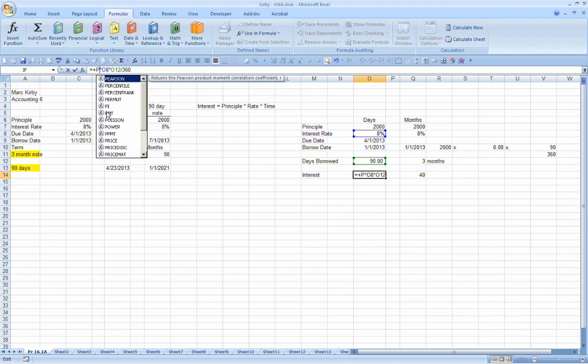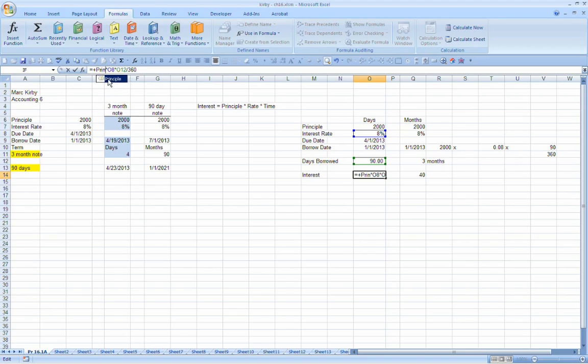I type in P. Here's all these. Notice the FX in front. Those are all functions. R. If I type in PR, now it limits me even more. Function, function, function, function. Notice this. This is a tag. This is a name tag, and that's really the one we want. If I type in I, it starts to narrow way down. N, I'm just left with the tag.